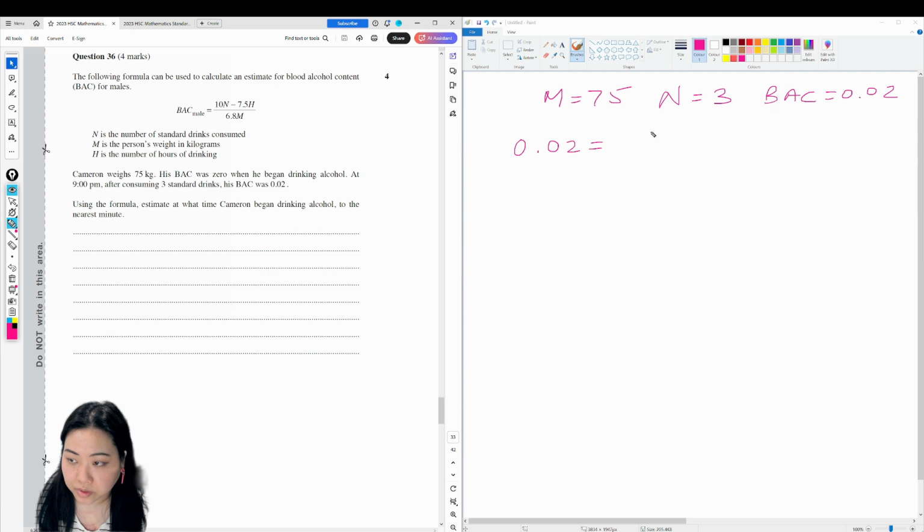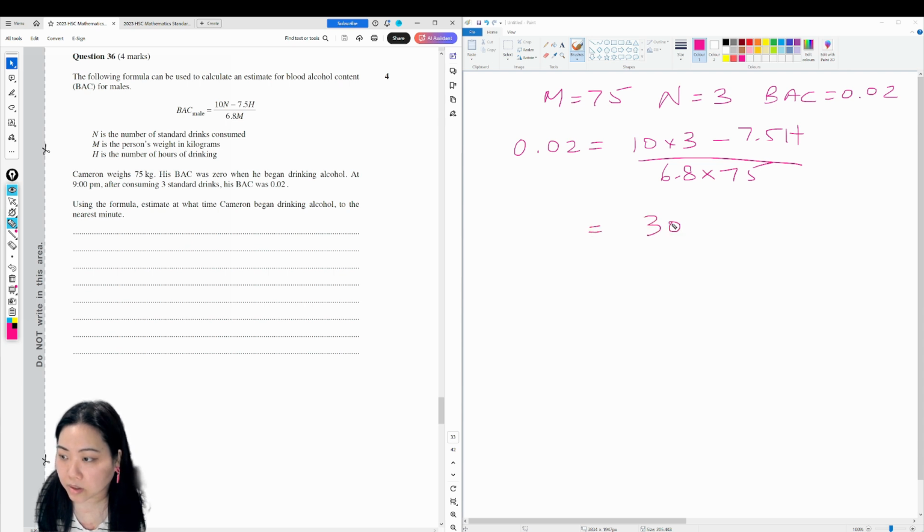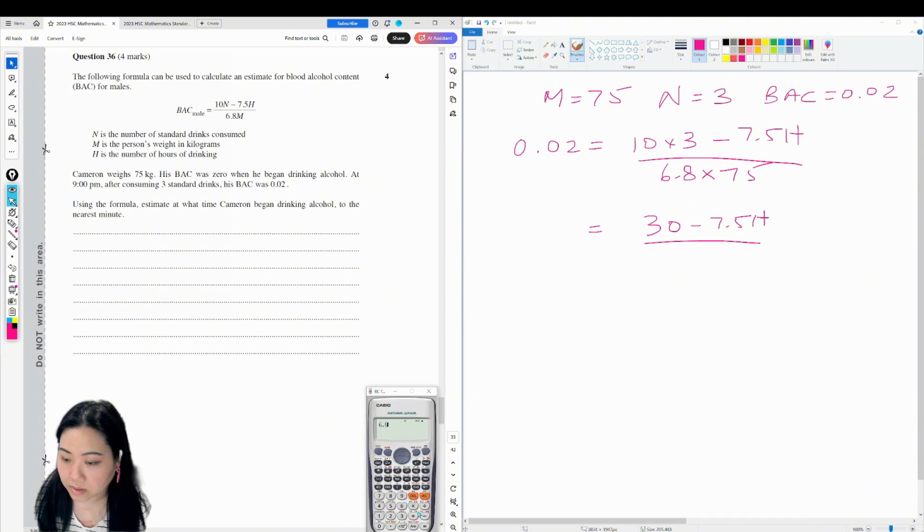0.02 equals 10 times 3 minus 7.5h over 6.8 times 75. So that would become 30 minus 7.5h over 6.8 times 75, which is 510.